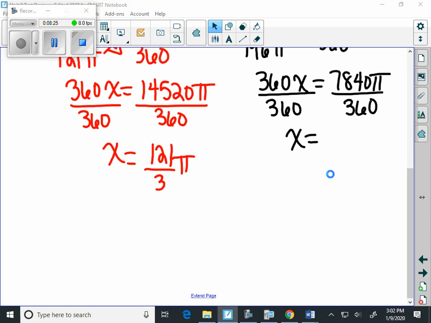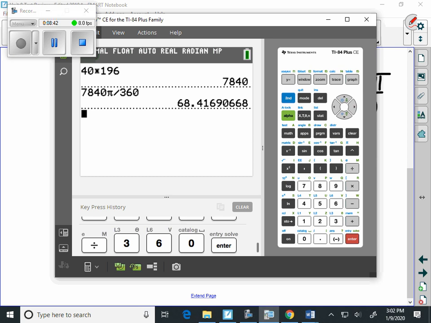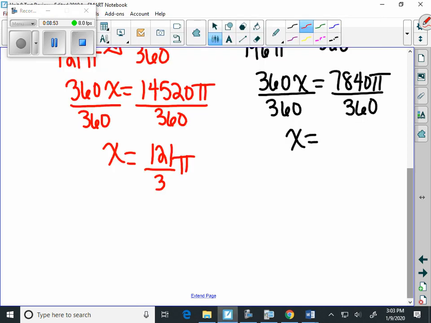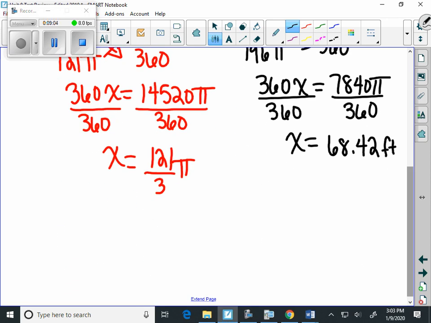So we can take our 7,840 pi. I just did second and then that caret button, divided by 360. And that'll give us our value. I'll round it to the nearest hundredth. So I'm going to look at the 6 to determine what to do to the 1. Since 6 is 5 or higher, we'll round it up to 2. So 68.42 is the area. And technically, I know I won't get caught up on units too much, but area is measured in square units.